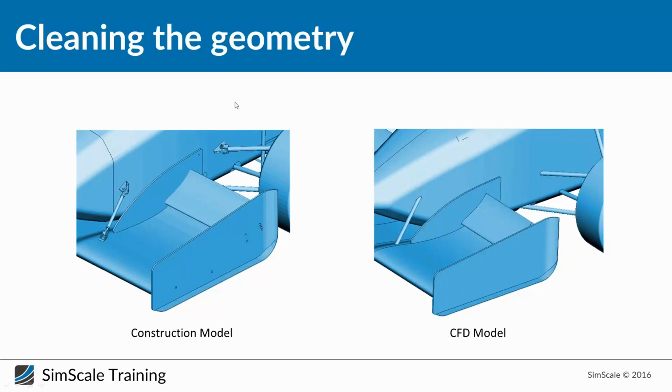But for CFD, you can see that all these elements have been cut off and the model is really clean and smooth. Of course, one thing to make sure of is that when we do this defeaturing, or reducing the details of the geometry, this will have an effect on the flow field later. But the benefit is that you're not going to run just one simulation to optimize your car.